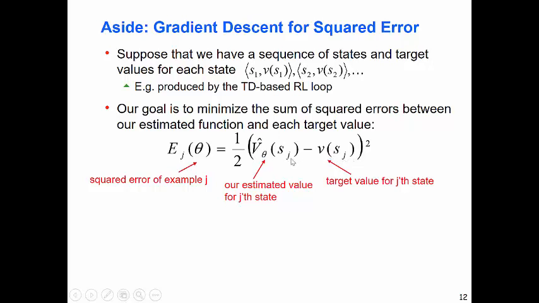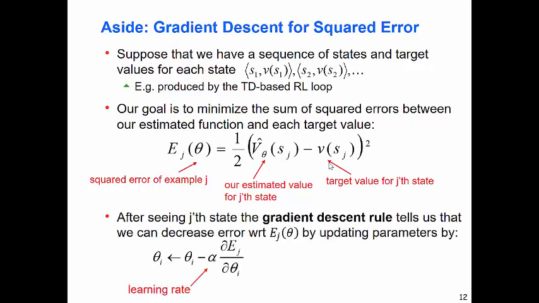And so this is just how far away we are from that target value, and the 1/2 is just to make the math work out nicely later. But this is mean squared error, or the squared error of this one example, and it's a very common way to measure error for regression problems.